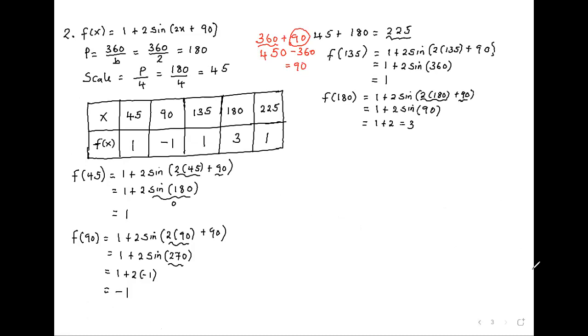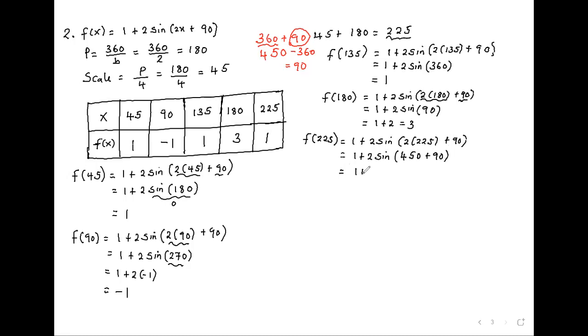Well, because we are not in a hurry, we will check. 225 is giving us 1 plus 2 sine of 2 by 225 plus 90. This is 1 plus 2 sine, what is 2 by 225? That is 450. 450 plus 90.